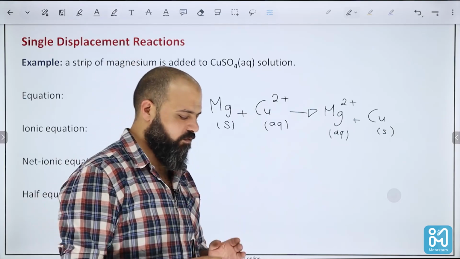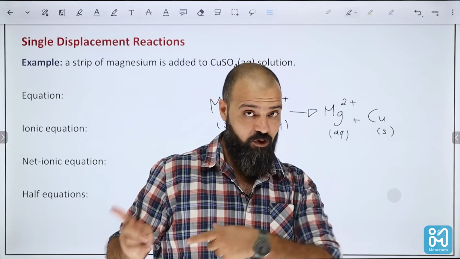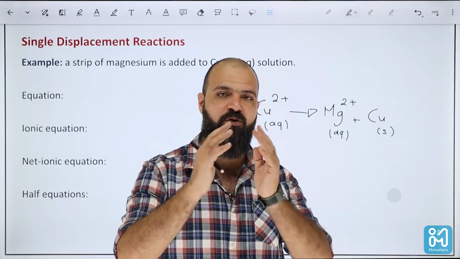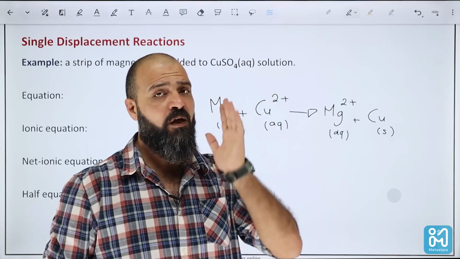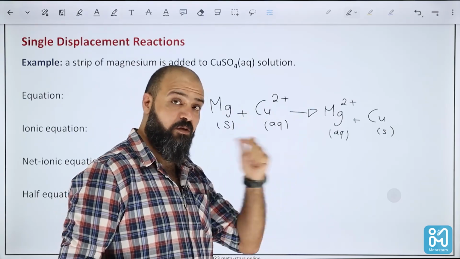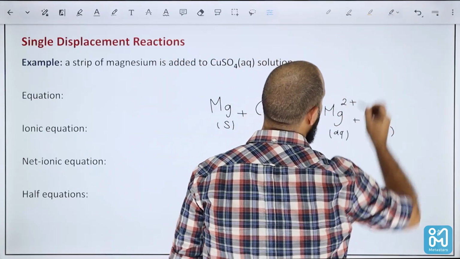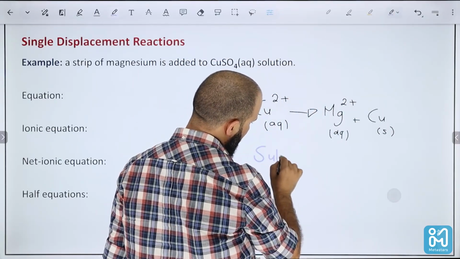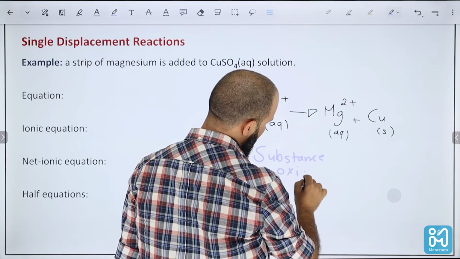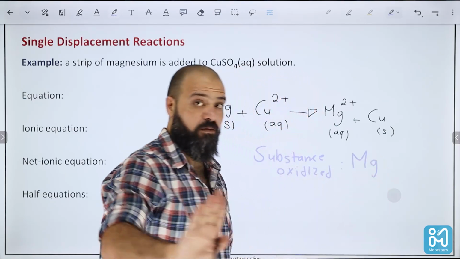Please, if they ask you which substance is oxidized, which substance is reduced, what is the oxidizing agent, what is the reducing agent, you should not choose any substance from the product side. Substance oxidized is magnesium metal.